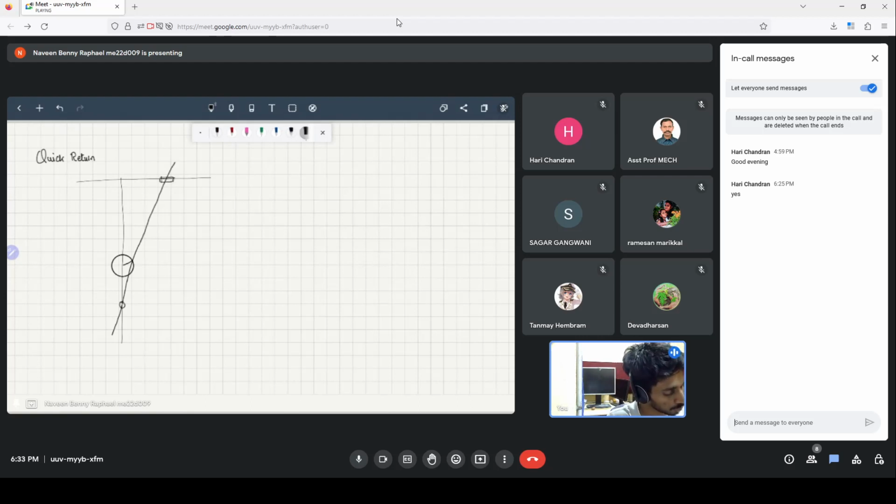So both of these are sliding joints, and this is fixed to here. This is a crank. As the crank rotates, this rod is allowed to slide along this joint and this joint.